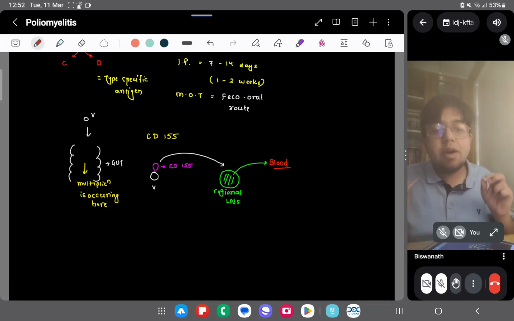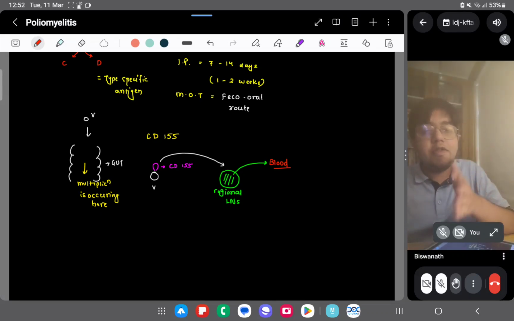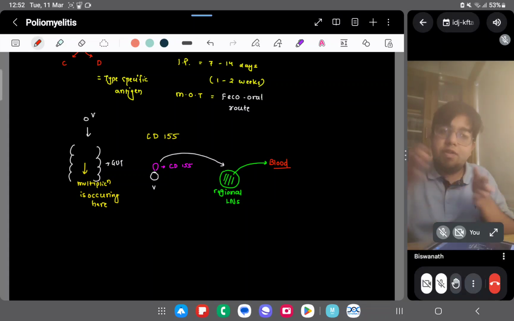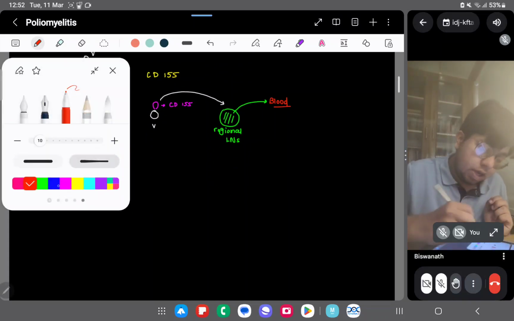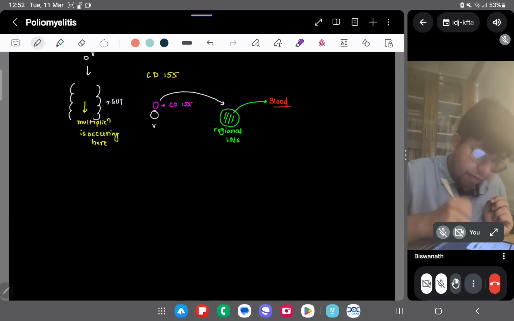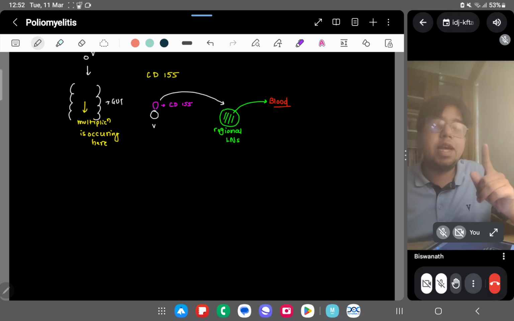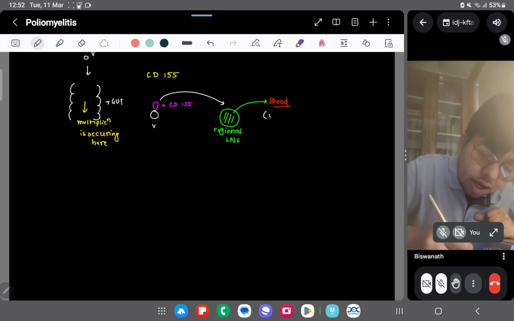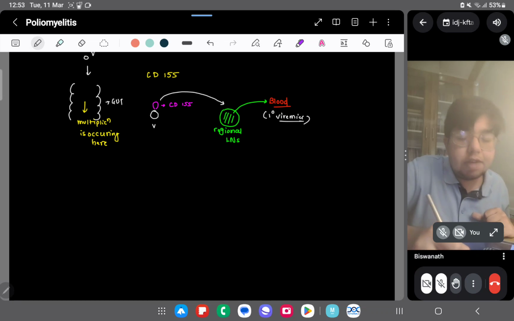It is going to the blood for the first time. This phenomenon in which the virus first appears in the blood is called primary viremia.